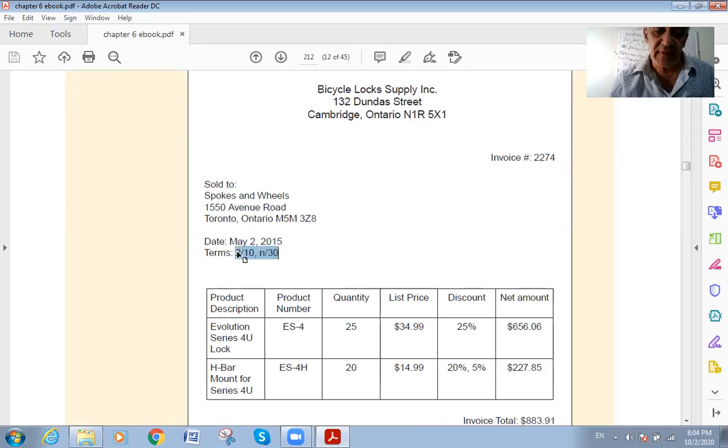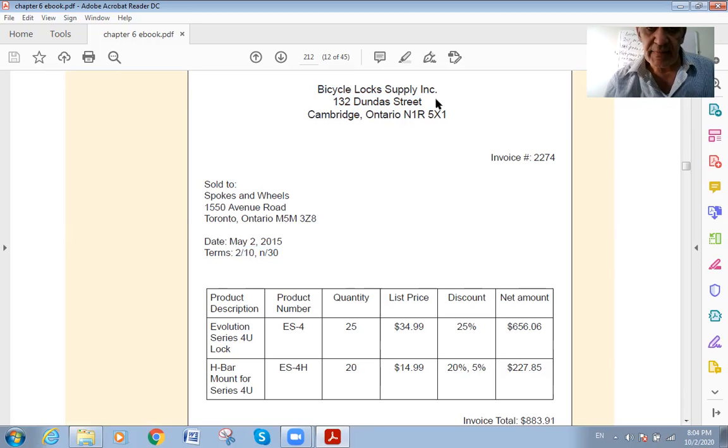Look at this: 2 by 10 and n by 30. 2 by 10 means that you will have a discount of 2% if you pay within 10 days.